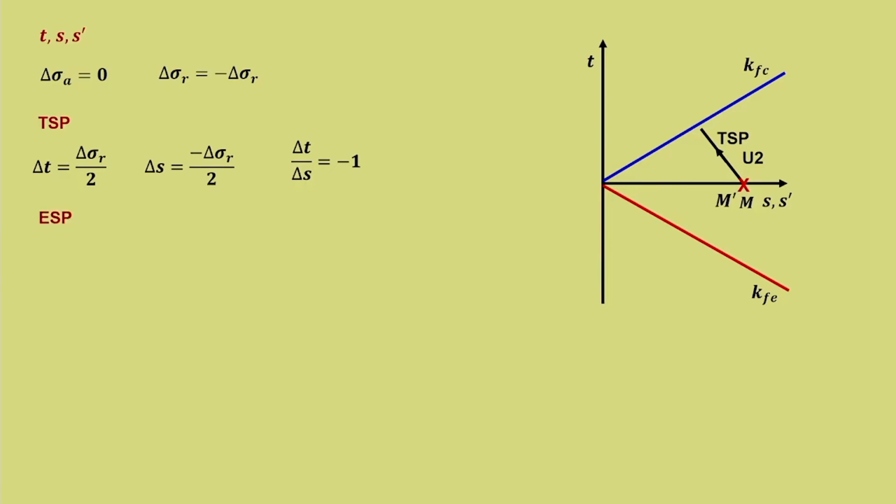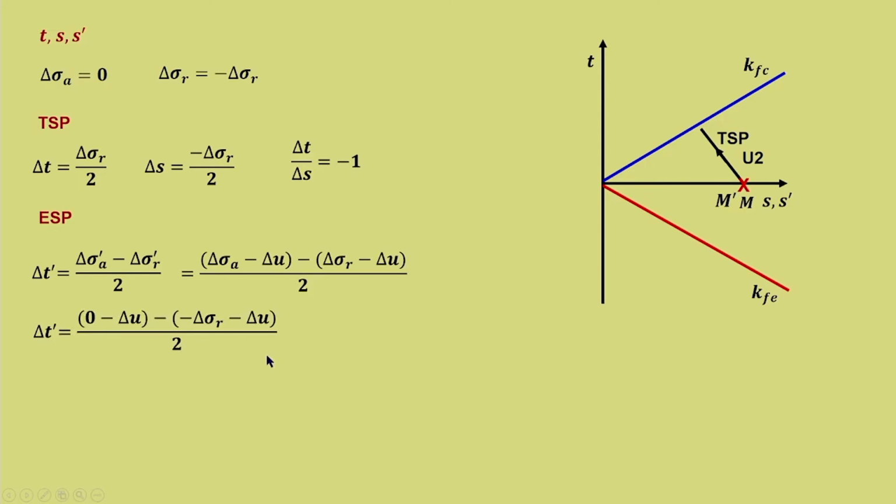Effective stress path, the initial point is the same because U naught equals 0. Delta T' is equal to delta sigma A' minus delta sigma R' by 2. Substitute in terms of total stress, the expression for delta U is known. So, substituting delta sigma A equal to 0, we get minus delta U minus, so that will become plus delta sigma R, and this will become plus delta U, that gets cancelled off.